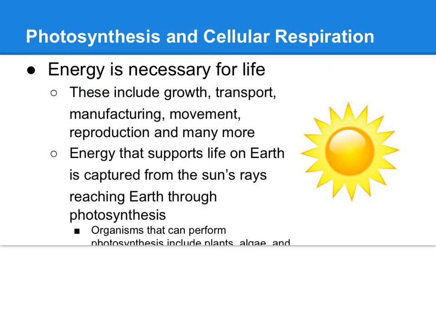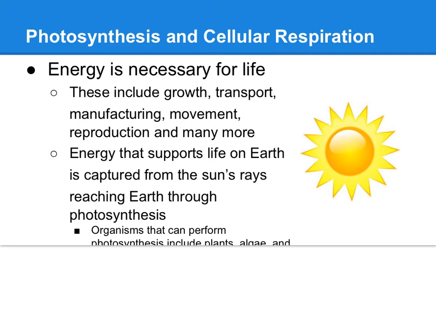All right, so energy is necessary for life. In order for things to grow and keep living, they need to have energy production in order for all those complex processes to keep happening. The energy that supports life on Earth is captured through the sun's rays.